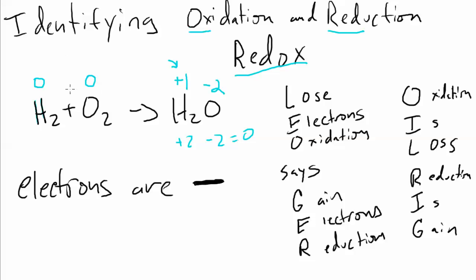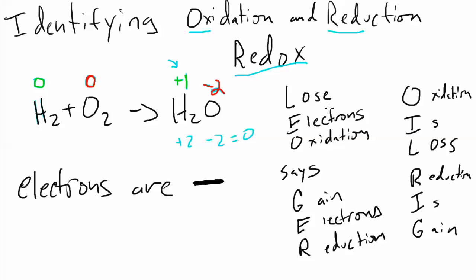So let's see, which one of these became more positive? Well, it looks like hydrogen started out at 0 and then became +1. So it looks like hydrogen became more positive. Oxygen, on the other hand, started at 0 and became -2.